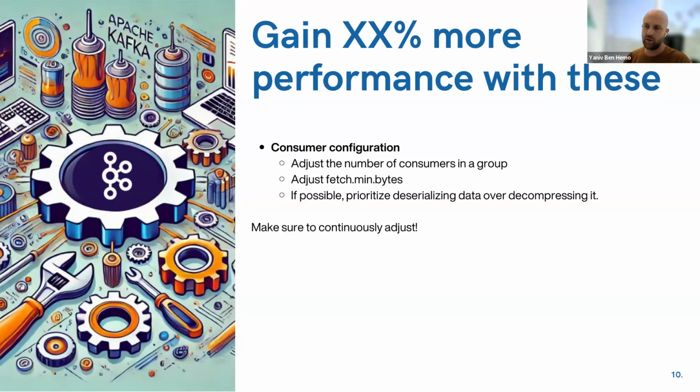There is no silver bullet here. It can be higher, it can be lower. There is no single accurate value, and in most cases, I see the default value as the wrong parameter. So do some experiments there, and if possible, prioritize deserializing data over decompressing of data.